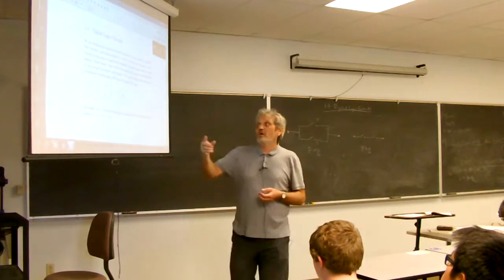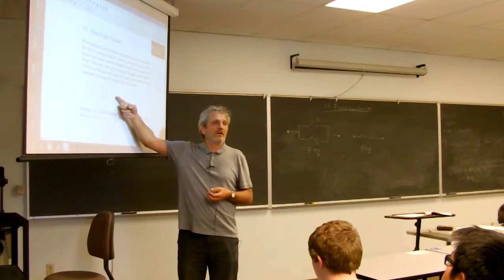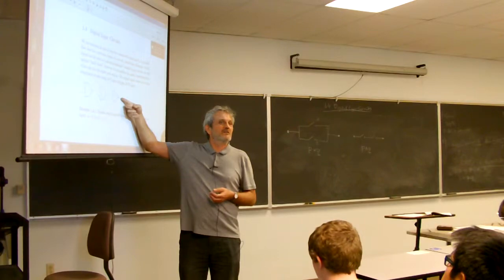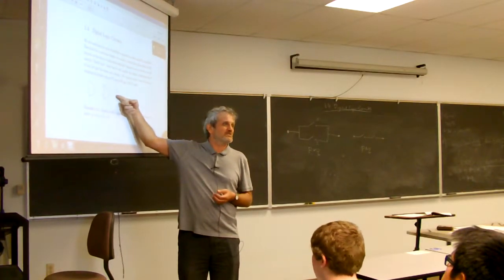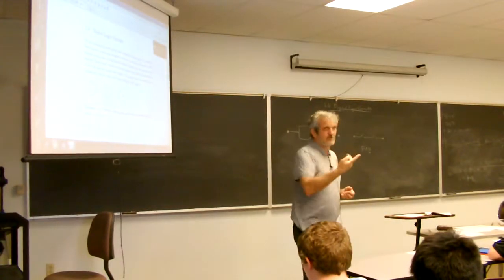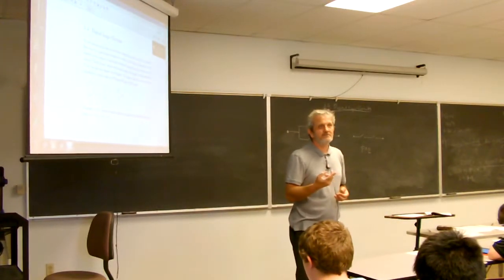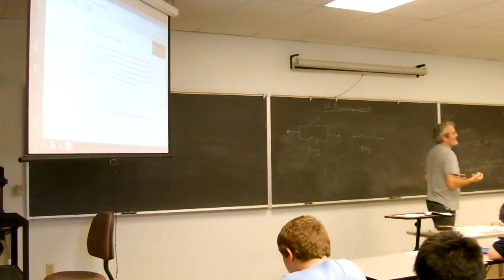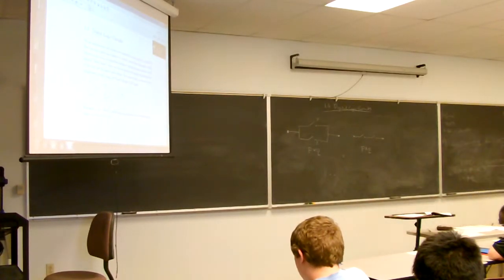If you have an on signal here, it will produce what? Off. And the other way around. If it's off, it will be on. So actually, like negation, it switches to the opposite. Is that clear?